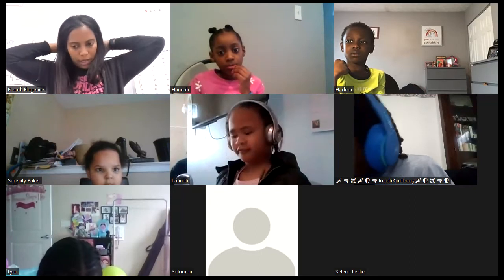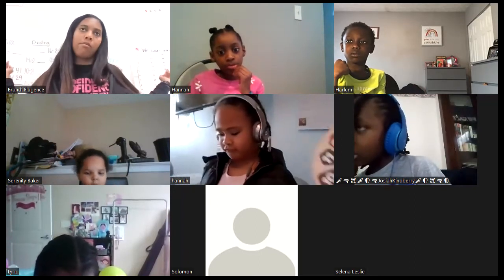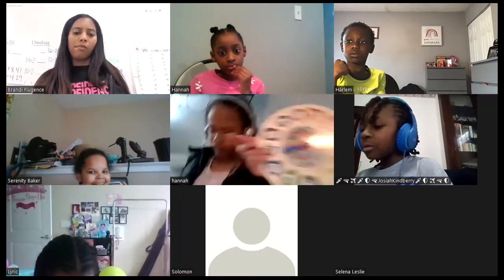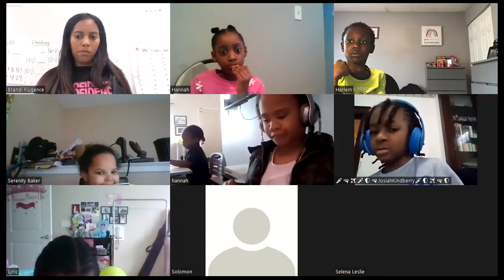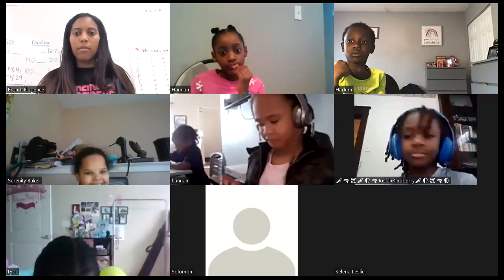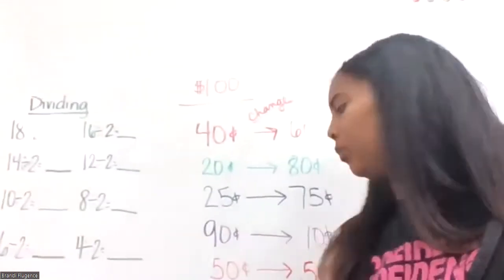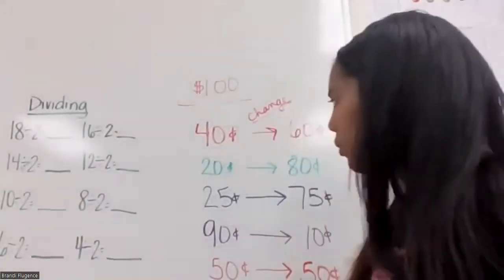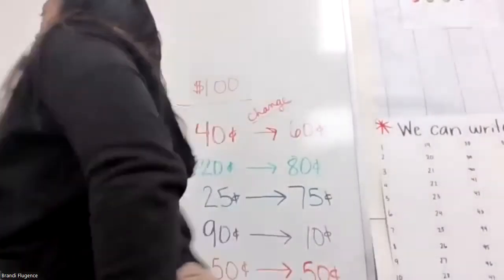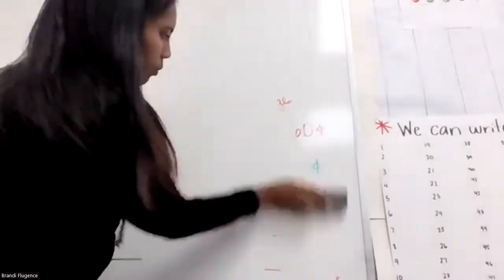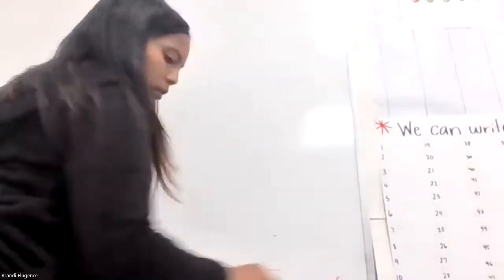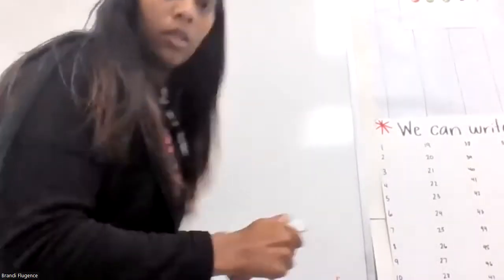So then 16 minus 9 is 7. 7 minus 7 is 0. And 4 minus 0 is 4.